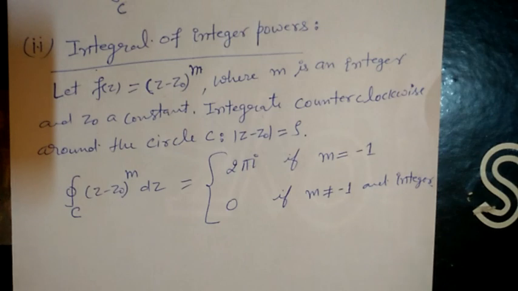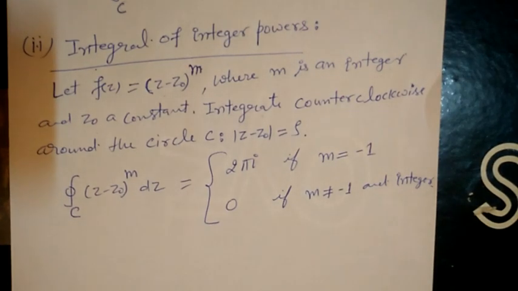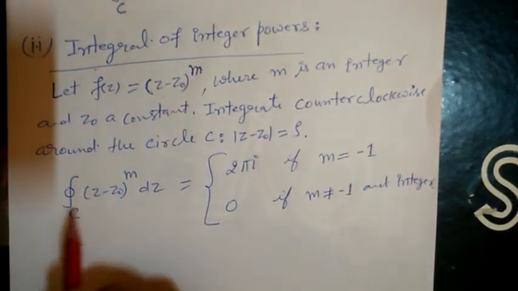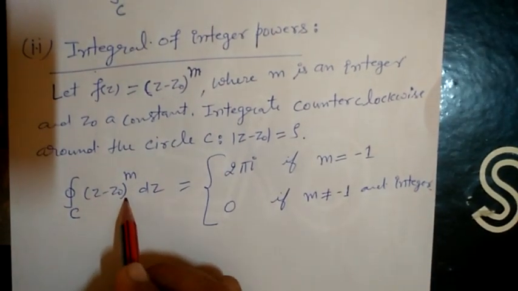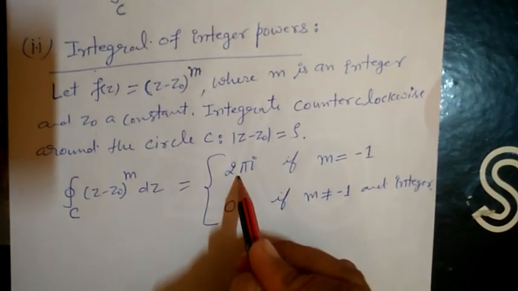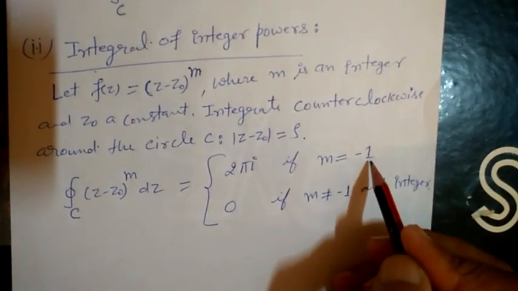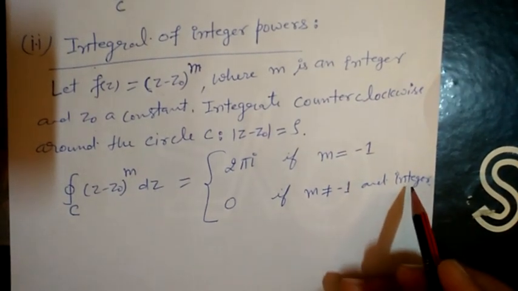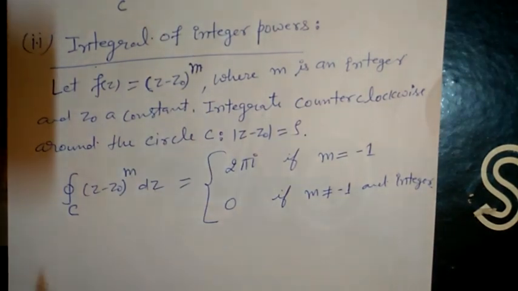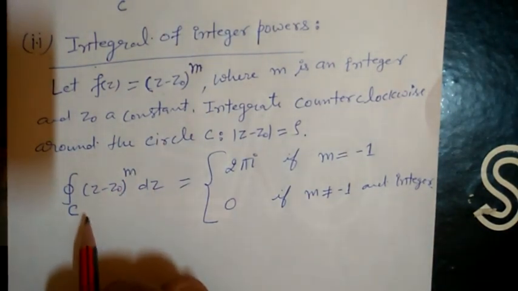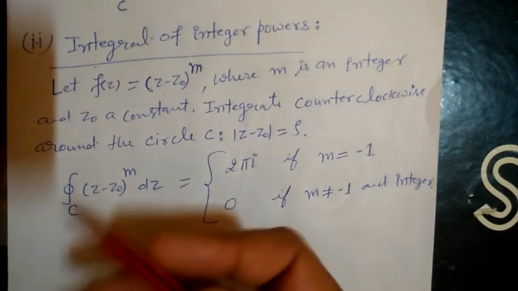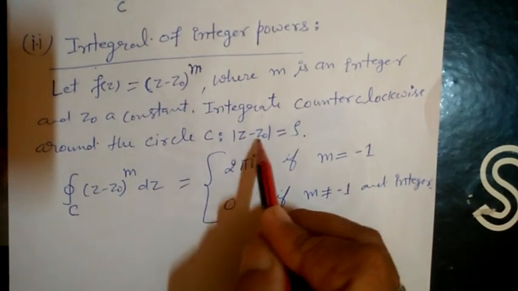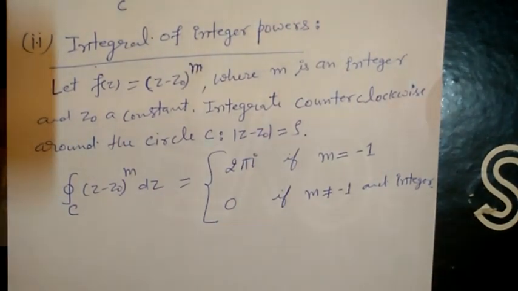Here z naught is the center and rho is the radius of the contour C or circle C. Hence, the line integral along a closed curve C of z minus z naught to the power m dz is equal to 2 pi iota if m is equal to minus 1, and 0 if m is not equal to minus 1 and is an integer. So if we take m is equal to 1, the integral of z minus z naught to the power 1 dz is equal to 0, when this closed circle C contains the center z naught and radius rho.